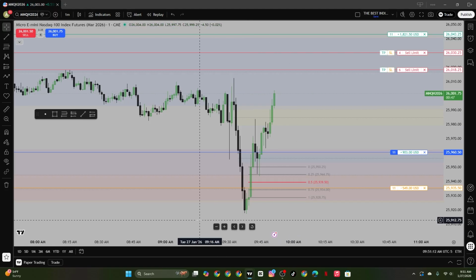But I'm still allowing room and space for it to use that first presented fair value gap. So any rebalance here, I'm not too upset with.